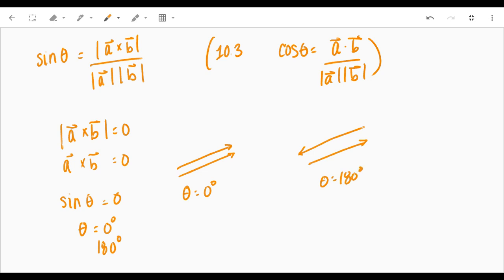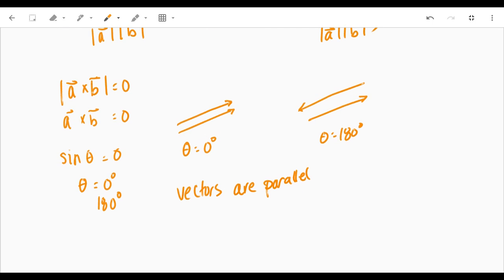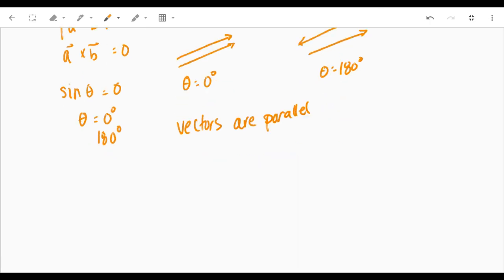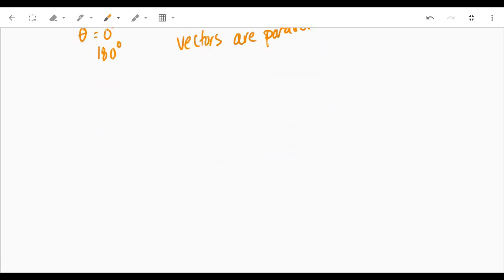Either way, they're parallel. And what that really kind of means is any vector would be perpendicular to both of them. A couple more things here.